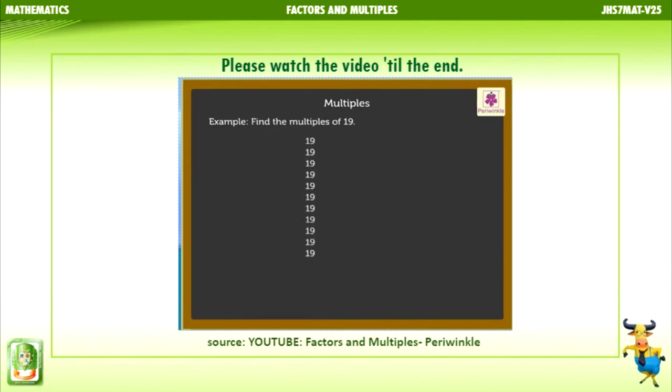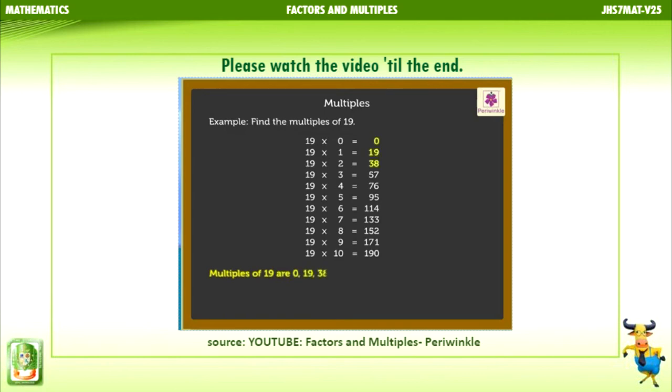When we multiply 19 by 0, 1, 2, 3, 4, 5, 6, 7, 8, 9, 10 and so on, we get 0, 19, 38, 57, 76, 95, 114, 133, 152, 171, 190, and so on.